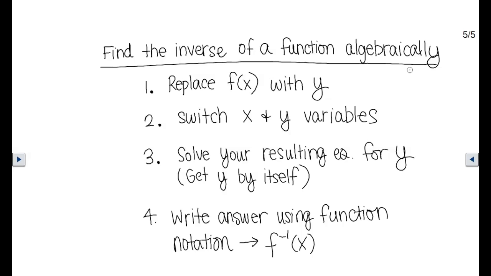So if they give you a function equation, and they say to you, find the inverse of this function, these are the steps you need to go through. Replace the f of x in the function with y, so that you can then do what an inverse wants you to do and switch that x and that y variable. Once you've done that, solve the resulting equation for y, get that y by itself again, and then change it back over to function notation.